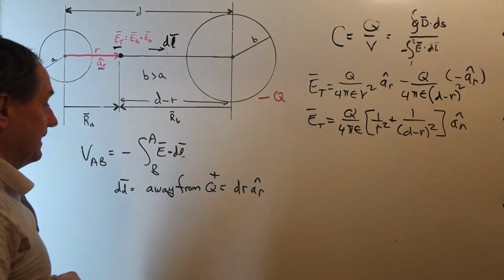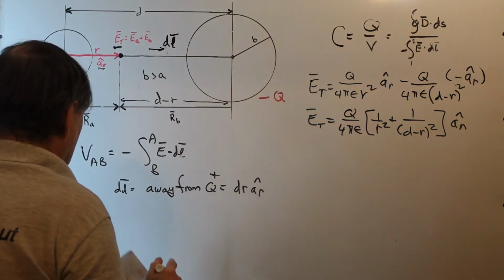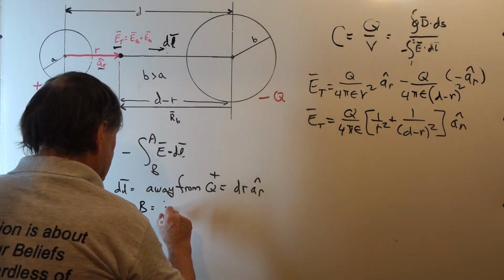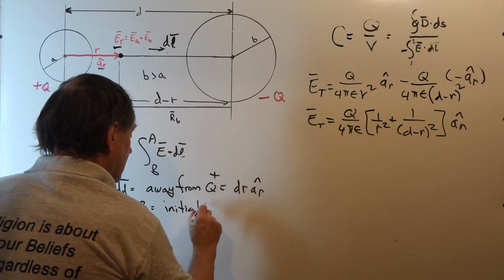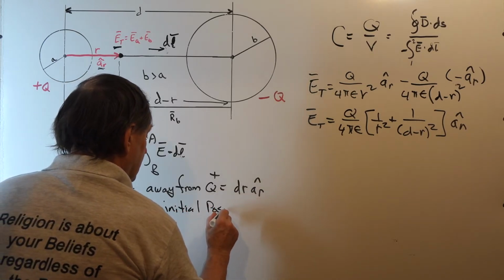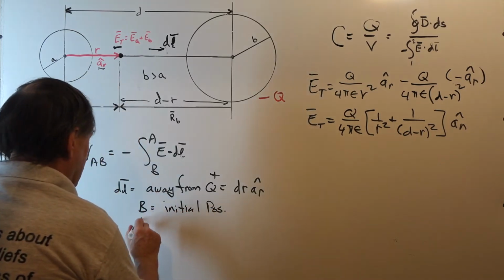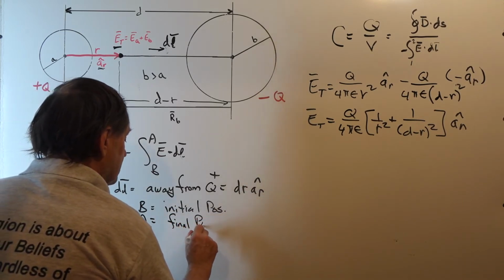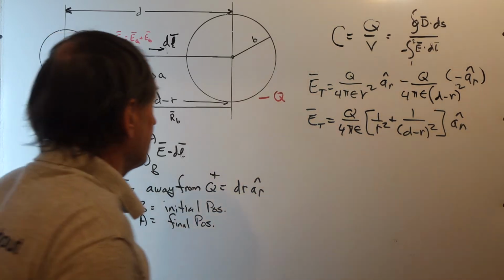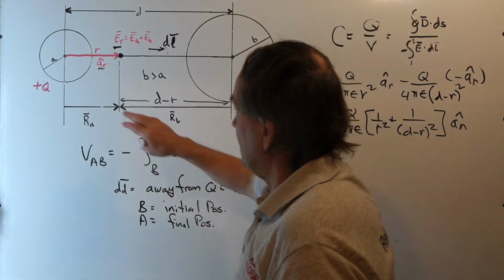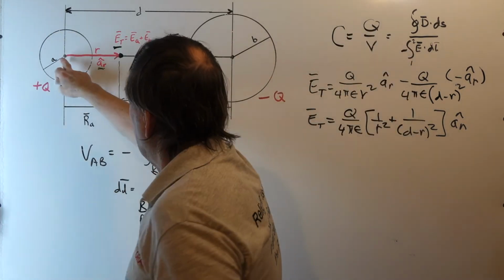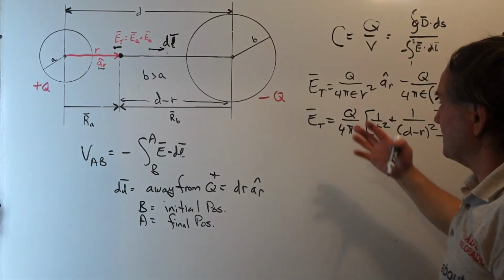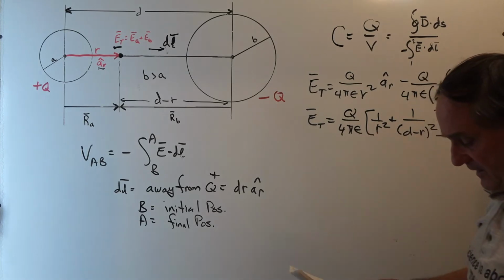Now, B is the initial position on the integration, and A is the final position on the path of integration. We choose a path, and the path I'm choosing is going to be the easiest path, the radial line that connects the two centers, because we know what the electric field is there.